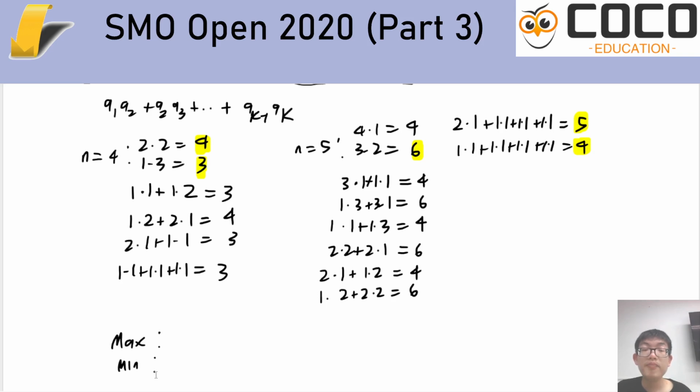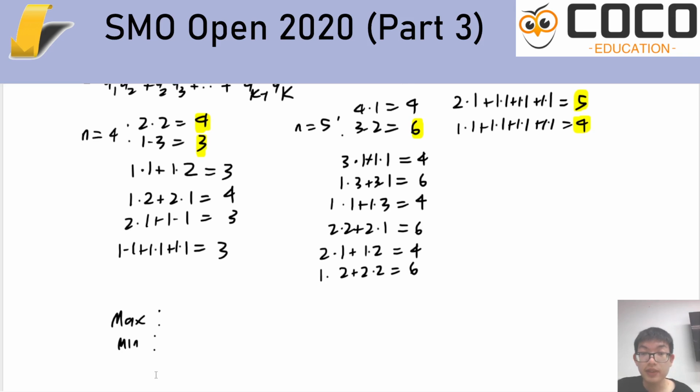Now, the maximum and the minimum are going to be quite easy to understand, because for the minimum, I'm just going to use a bunch of 1s. And this would give me n minus 1. I'm quite sure I cannot do better or worse than this, depending on the perspective.